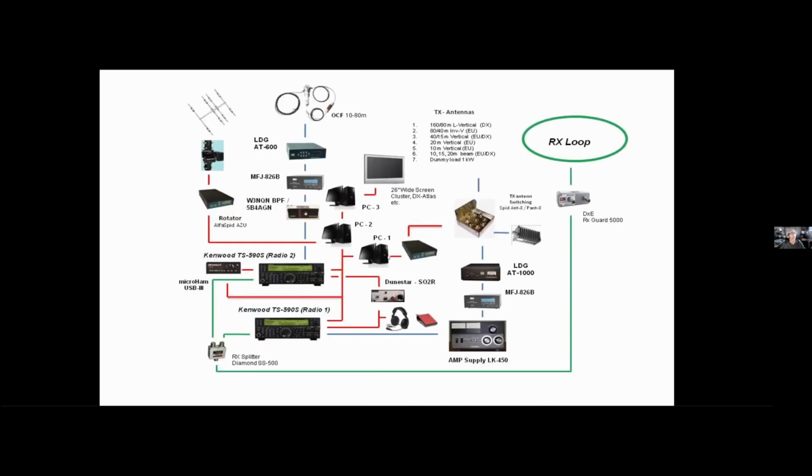Here's one example of an SO2R radio using 2 Kenwood TS590s, and all of the different PCs and everything that goes with that, the tuners, the amplifiers, whatever. This is a very effective way of operating if you are a single operator, but you have quite a complex job ahead of you getting your station enabled for that.